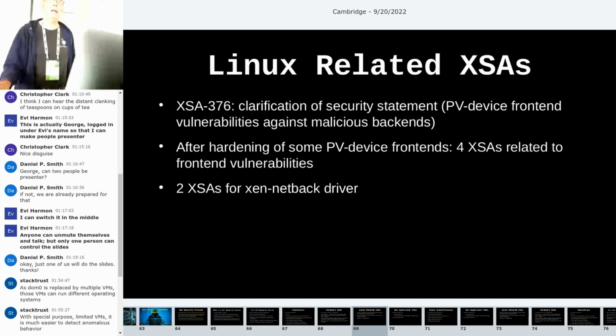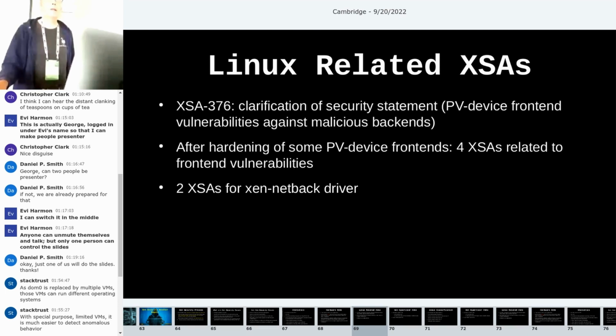The idea being that we want to support driver domains which might be potentially malicious. So, of course, we don't support the maliciousness, but we want to support potentially malicious driver domains without sacrificing the guests. Of course, such a backend can still clobber the I/O data, for example, but it shouldn't be able to access random guest memory or stuff like that.